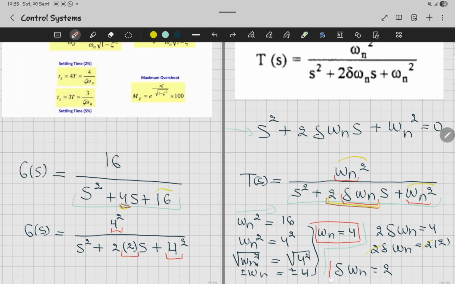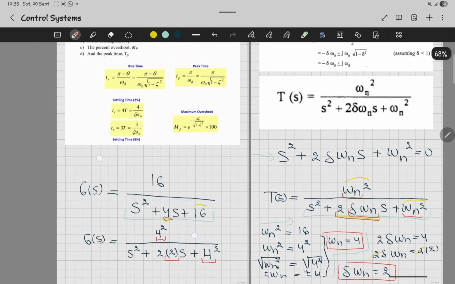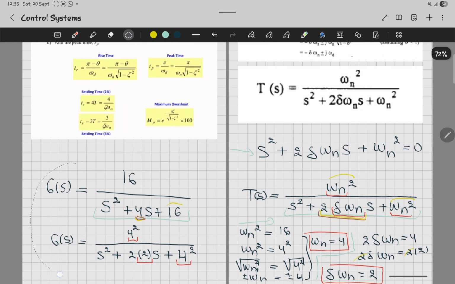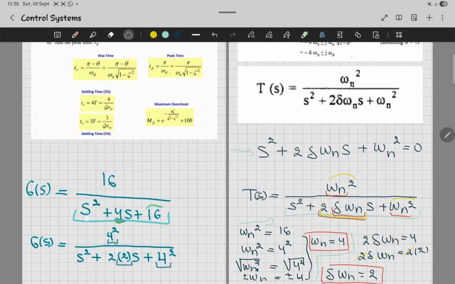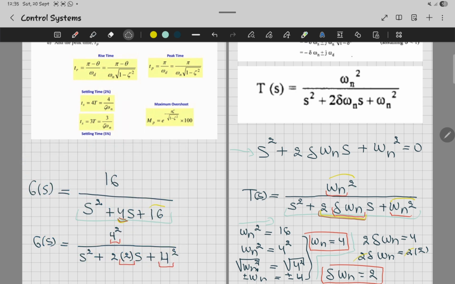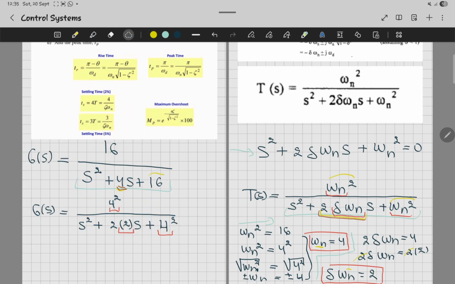Now we know already the answer of this one, so we're just going to replace it there. We know this is what we got, equal to 2.